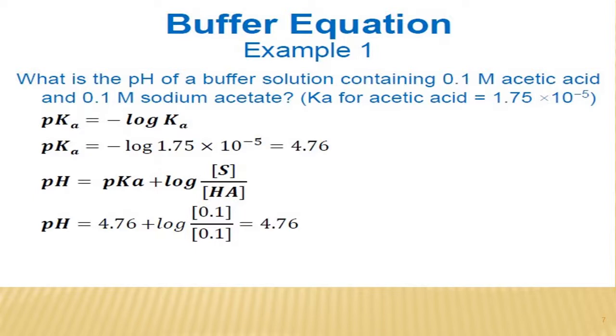This you can take using the antilog in the calculator, and you will get the pKa equal to 4.76. pH will be equal to the pKa plus log salt over acid, weak acid, because this equation is related to the weak acid, and you can apply the numbers of acid and salt concentration in the equation, and you'll see here the pH is equal to the pKa in case of salt and acid having the same concentration.